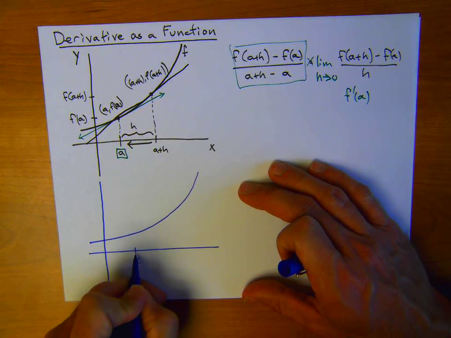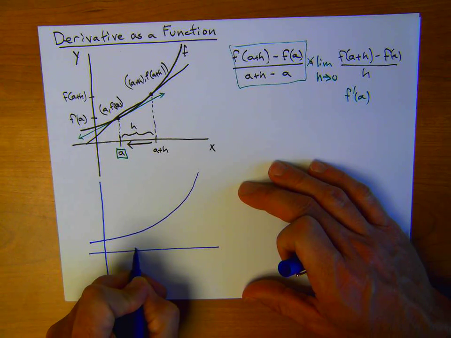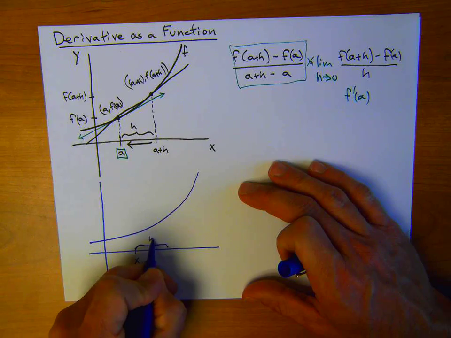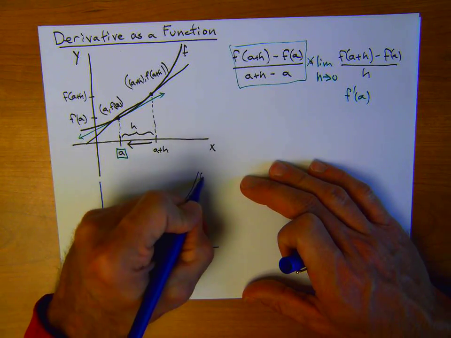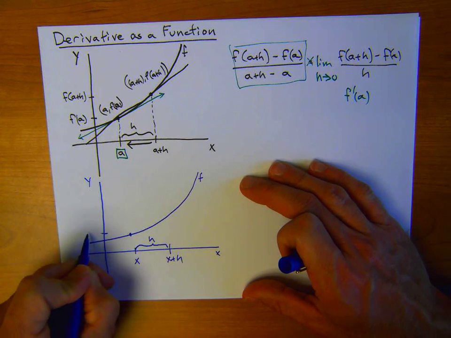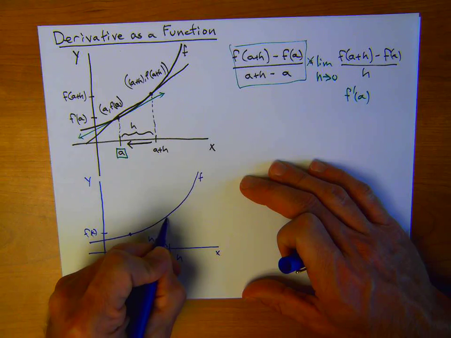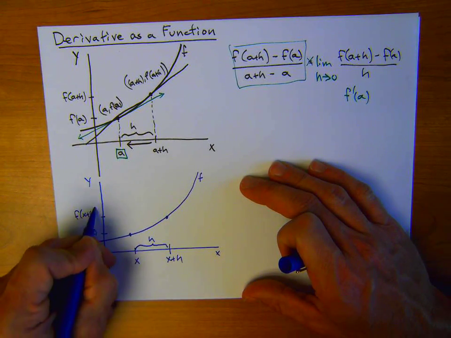So here, once again, if I take whatever my variable point x is, and I'm going to add h to it, so over here I've got x plus h. You can see, so here's f, this is my x-axis, here's my y-axis. Here I have f of x. If I come up here, I've got f of x plus h.